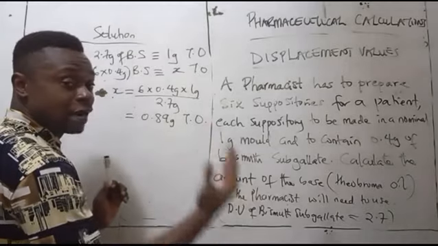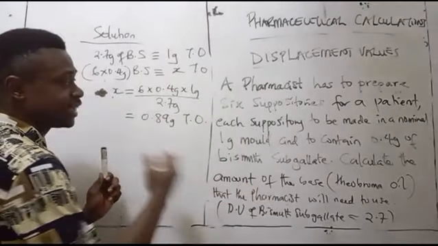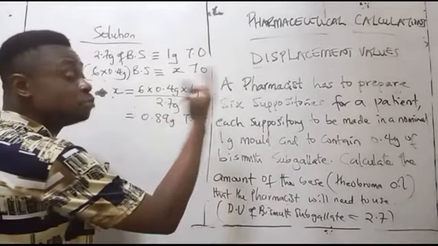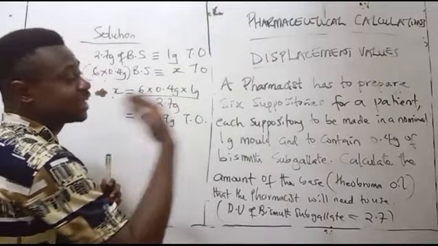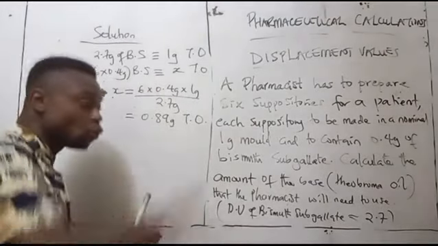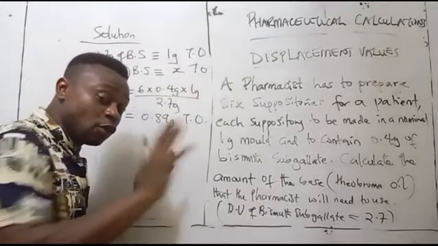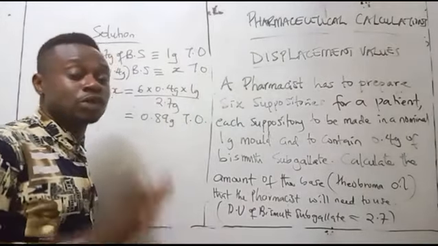Because we are dealing with a 1 gram mold, for the entire 6 suppositories we need 6 molds, 1 mold for 1 suppository. So the entire 6 molds will be 6 grams, because we assume that what is inside the mold before incorporation is 1 gram of theobromine oil.